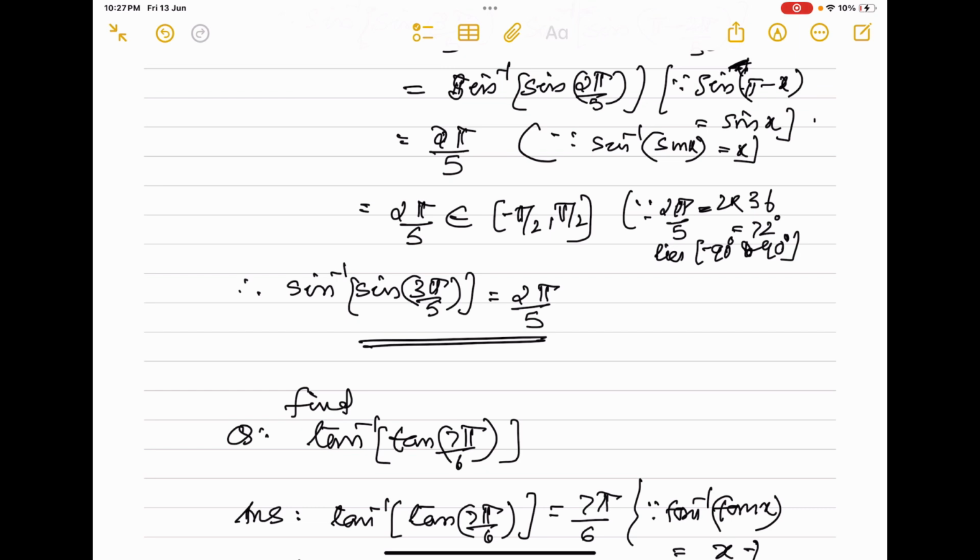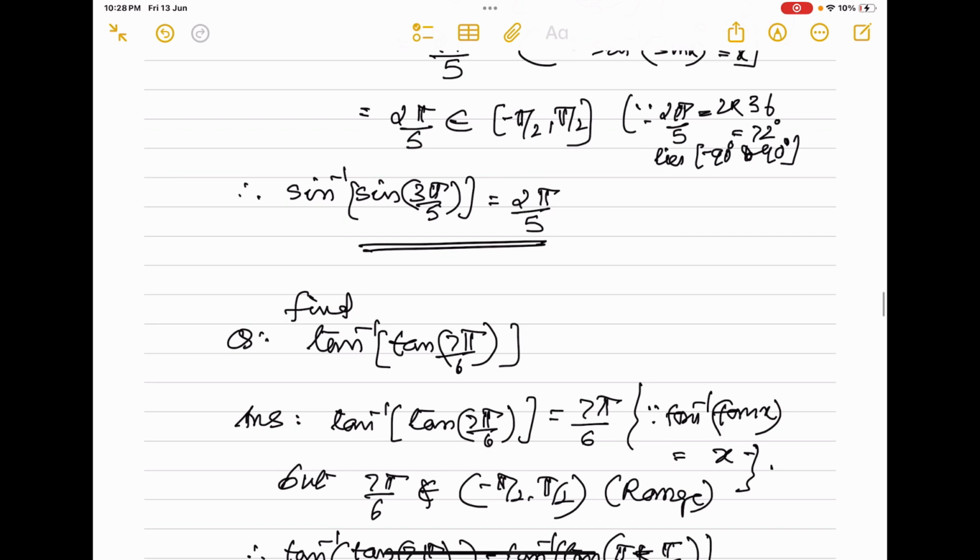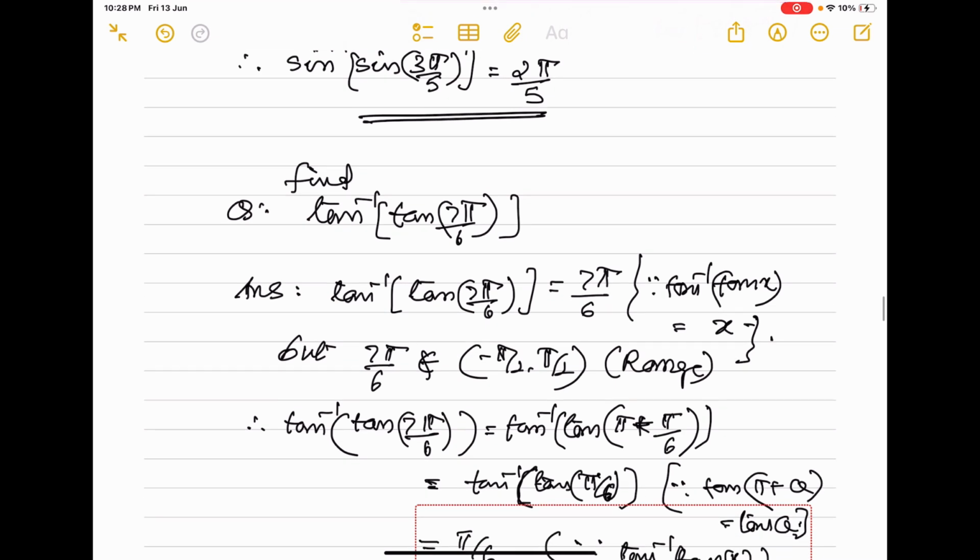Tan inverse tan 7 pi by 6. Tan inverse tan 7 pi by 6 equal to 7 pi by 6, since tan inverse tan x equal to x. Then 7 pi by 6 does not belong to negative pi by 2, pi by 2, which is the range of tan inverse.